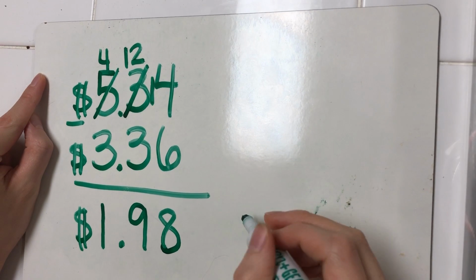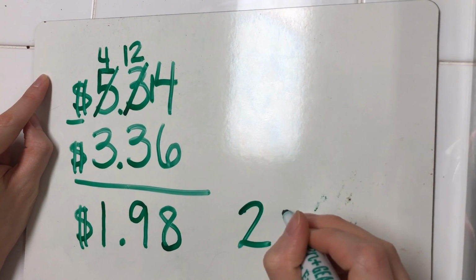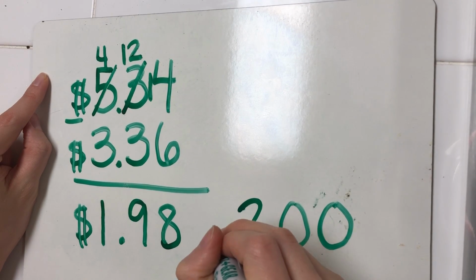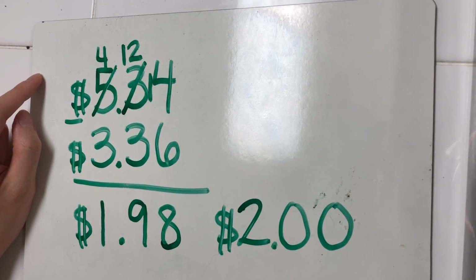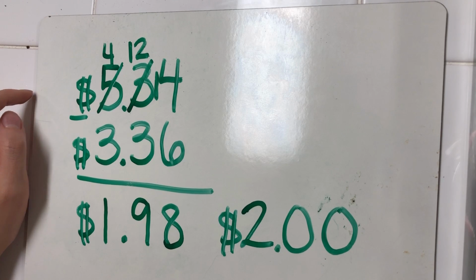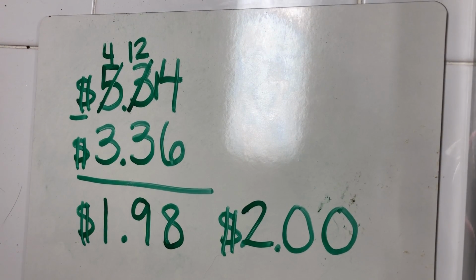And if you think 200 or $2, you would have been spot on. That would have been a very good estimate of that. And that is how we subtract using 3-digit numbers and money amounts, and how we estimate our differences.